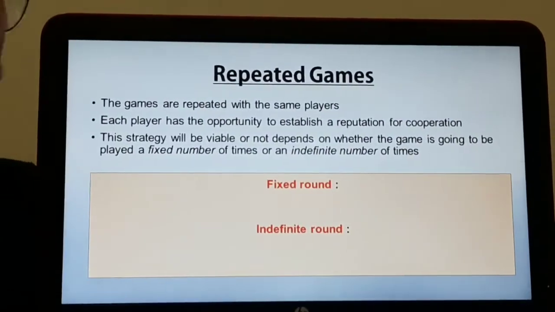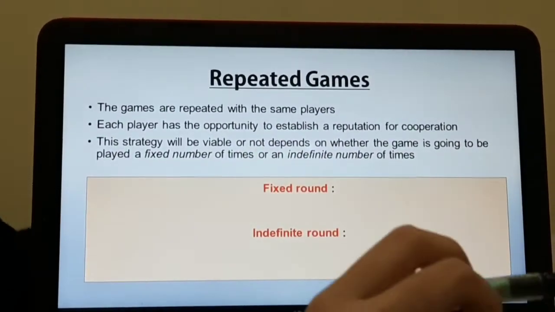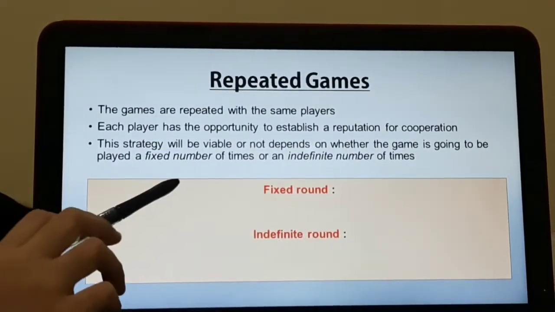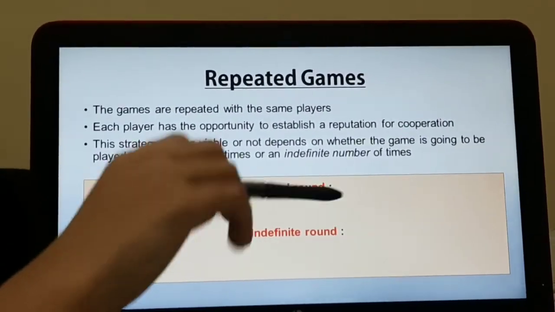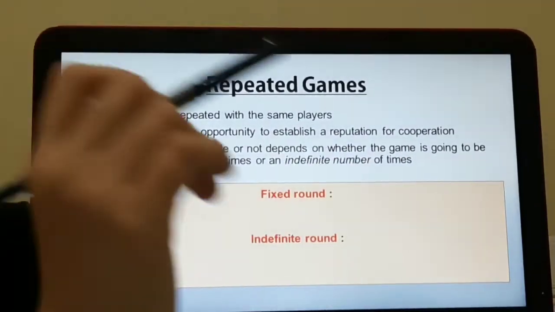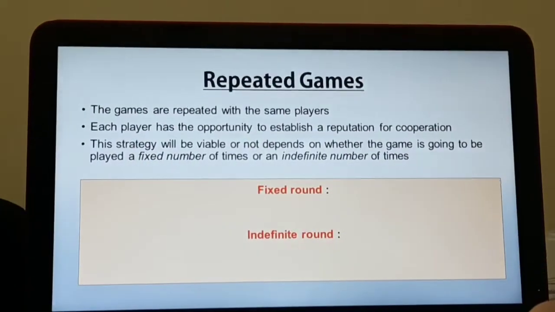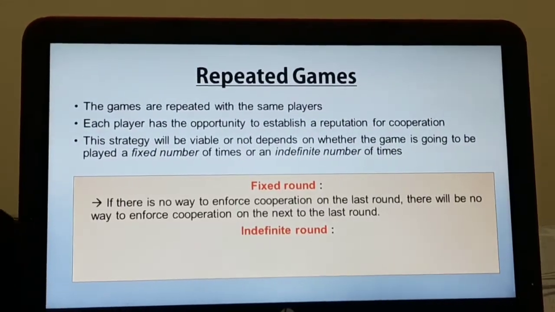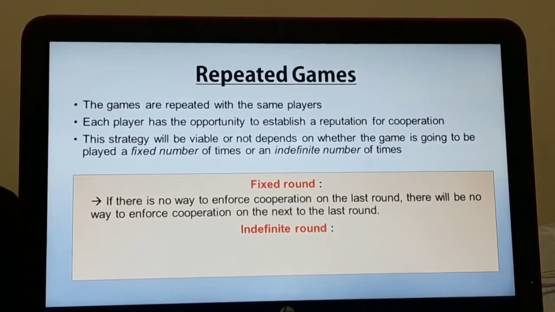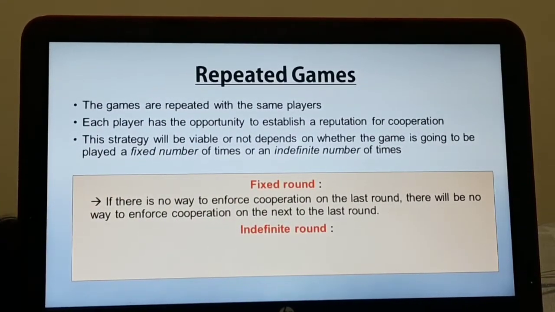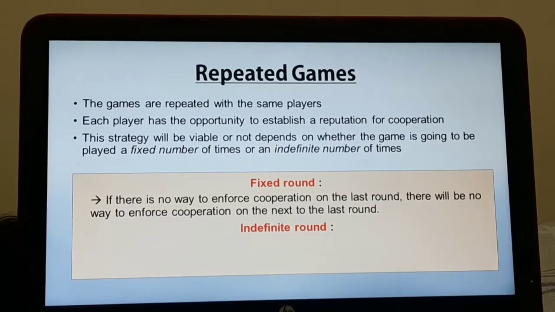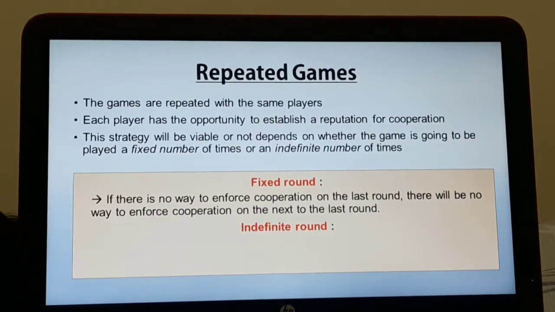or not depending on whether the game is played a fixed number of times or an indefinite number of times. For the fixed number of rounds, if there's no way to enforce cooperation on the last round, there will be no way to enforce cooperation on the next to last round.